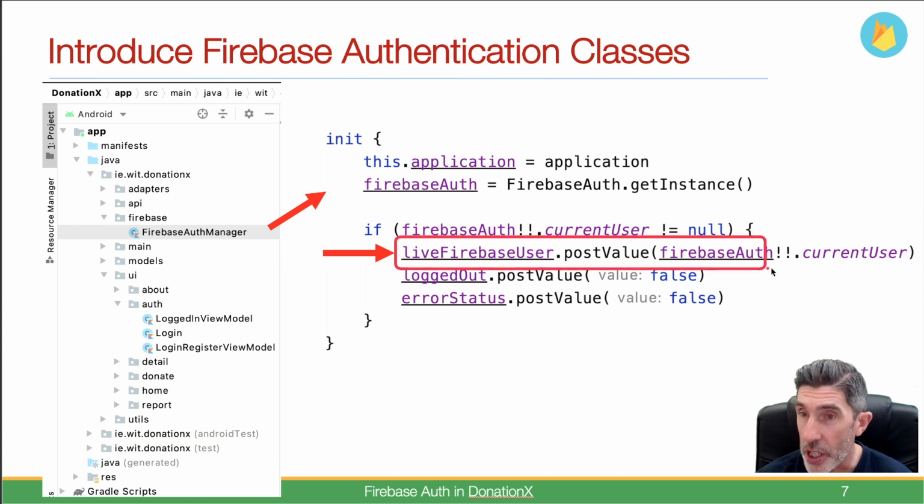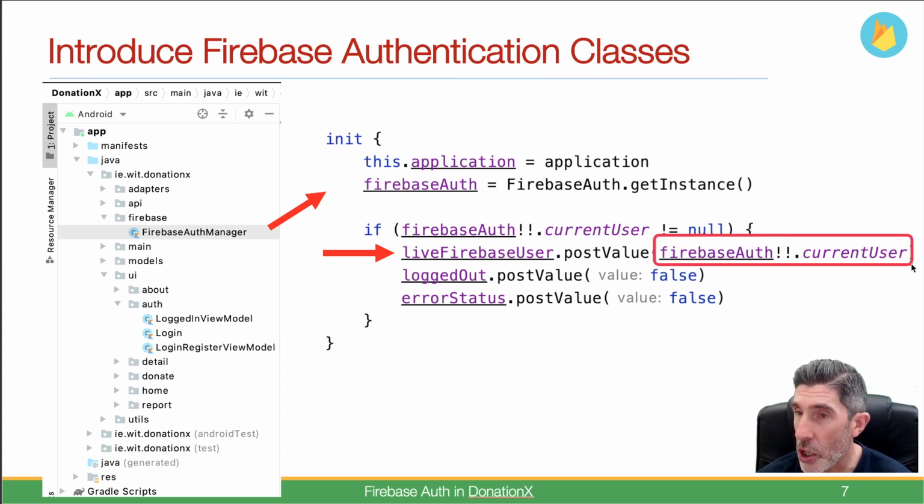If our current user is not null, we update the live Firebase user's value. This is slightly something different now. When we want to assign a particular value and make sure it's going to be observed correctly, we can use the .postValue, and then we set it to this Firebase Auth .currentUser. This .currentUser is coming from the Firebase instance, so to speak.